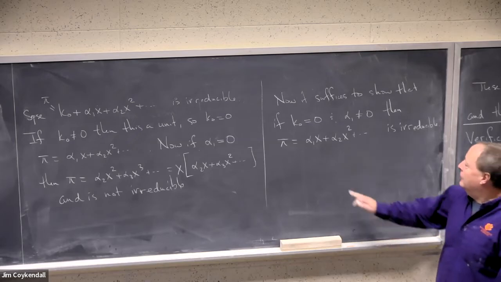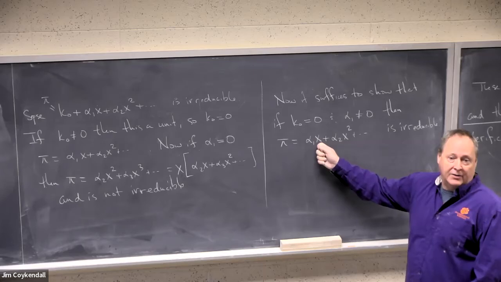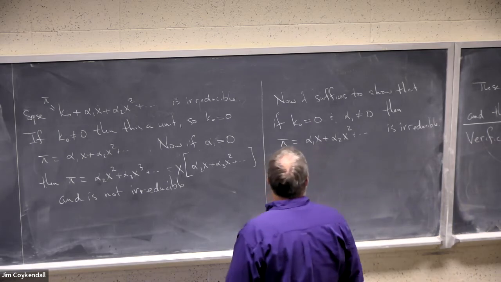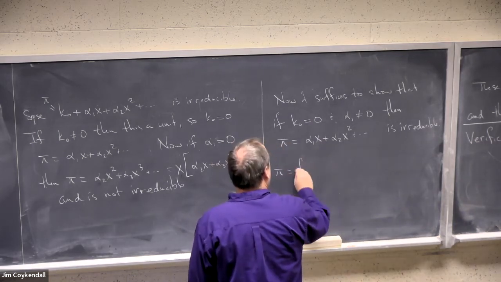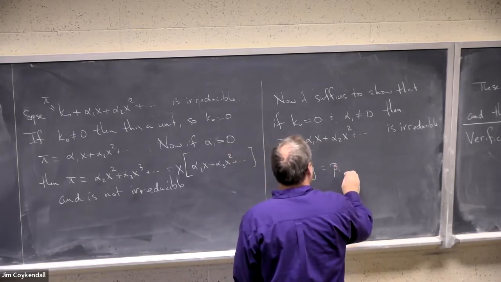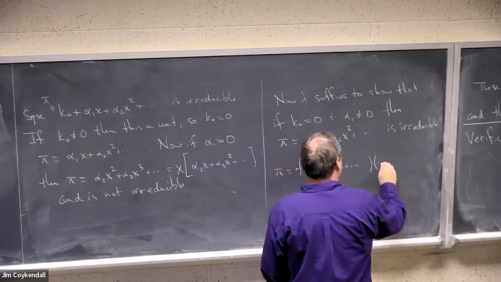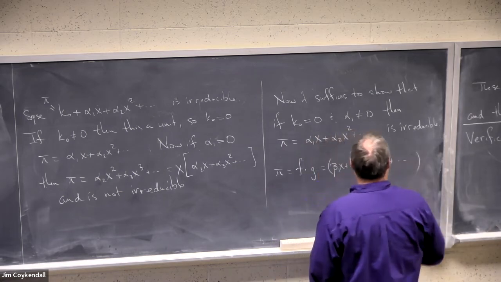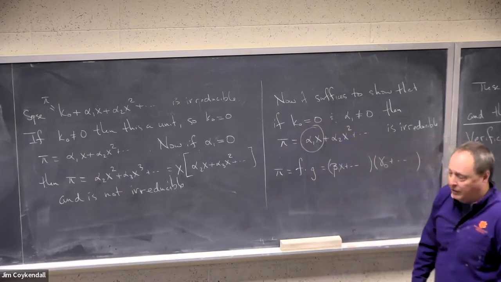Actually, another way you can do it is you can think of this as an element of F power x. And notice that in F power x, this is x times a unit, right? Which means it's irreducible in the bigger ring. But actually, I like what you've done. So if pi is, suppose we can factor it as F times G. So what Grant said is just focus on the least degree term.